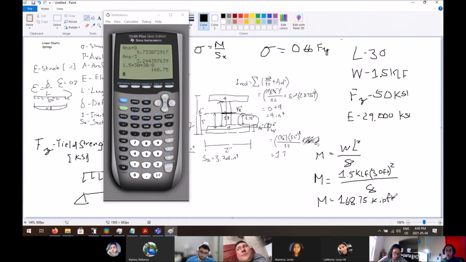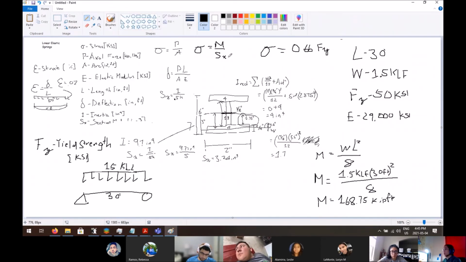So why is this important? Well, now we can take this moment and solve for section modulus. Remember this formula right here? Well, we can actually plug this formula into this formula. So substitute sigma for M over Sx.